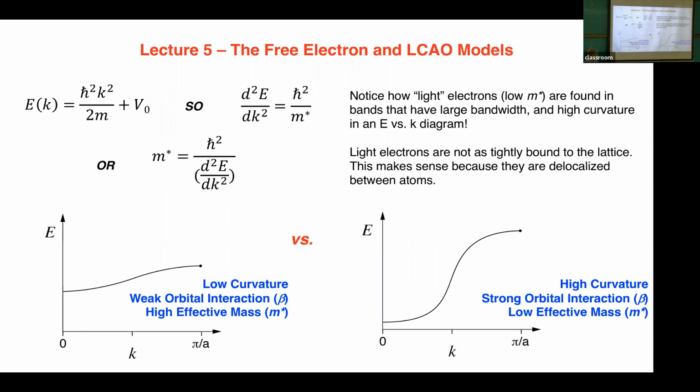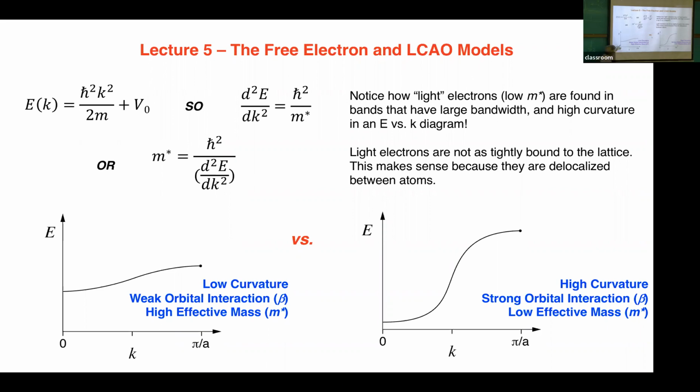I think about it in terms of delocalization because I'm interested in quantum dots, but in bulk crystals, it's really just how tightly bound the electron is to the lattice and how freely it moves. And that is influenced by the orbital interaction strength. So if you have strongly interacting orbitals, then the electrons can easily flow from atom to atom in the crystal.